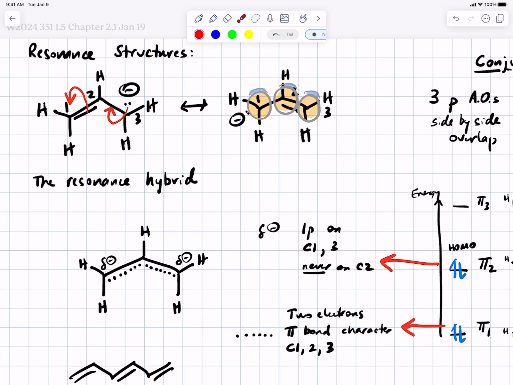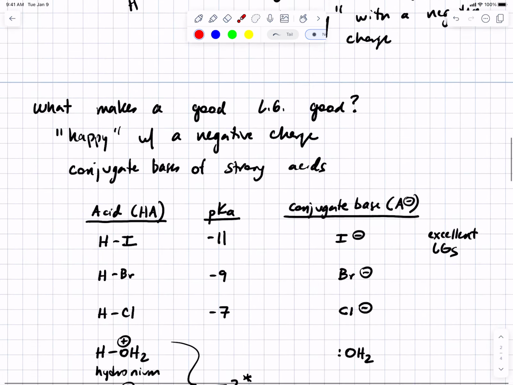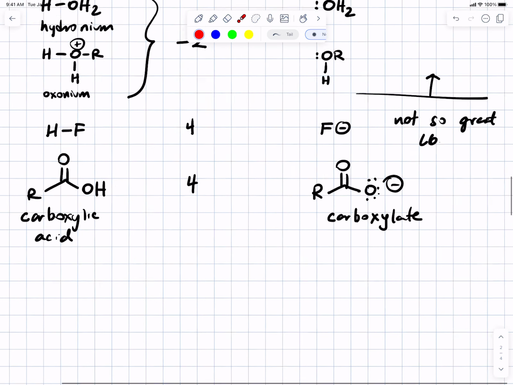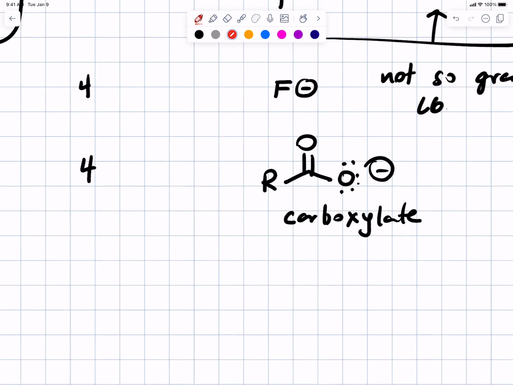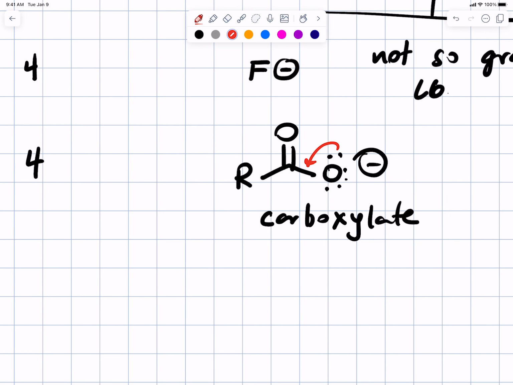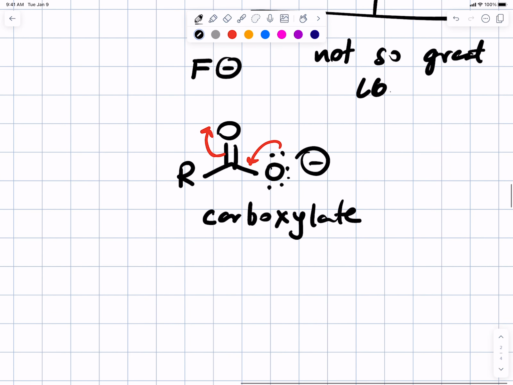I mean, don't relax your eyes too much. I don't want you to fall asleep, or we're not looking for one of those magic 3D images. But yes, this is a situation where resonance delocalization allows me to move the electrons from the negatively charged oxygen to form a pi bond between that oxygen and the carbon, and then the other oxygen has the electrons. So resonance allows me to delocalize the negative charge. That's favorable.